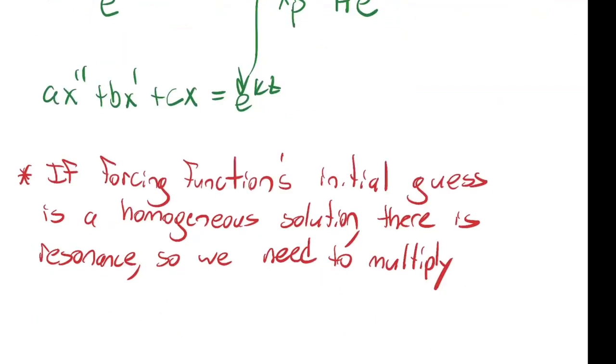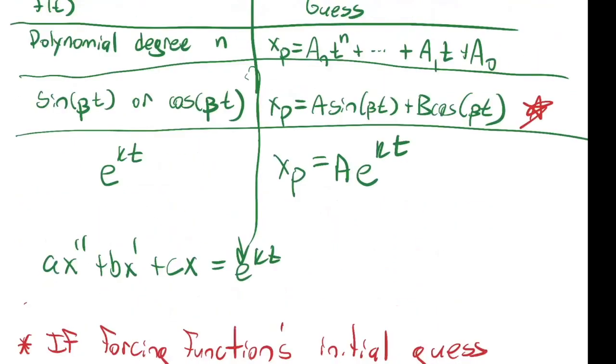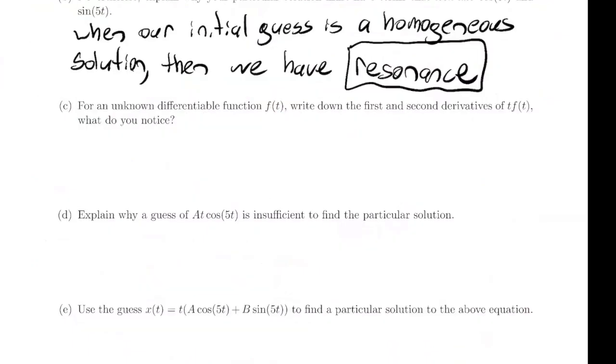Okay, so then we multiply our first guess by a power of t. So that applies to these scenarios in our table. So in this case, we do have resonance. So rather than just guess a sine beta t plus b cosine of beta t, we add this t in our guess over here.